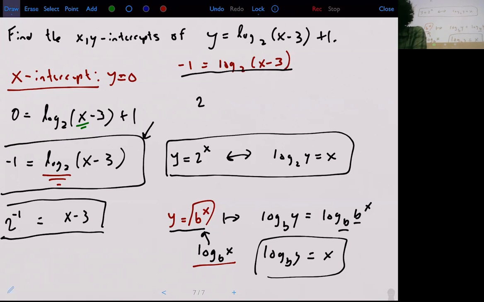So we'll have 2 raised to the negative 1 is equal to 2 raised to the log base 2 of x minus 3. Since the log base 2 is raised to a power whose base is 2, this again gives us 2 raised to the negative 1 is equal to x minus 3.